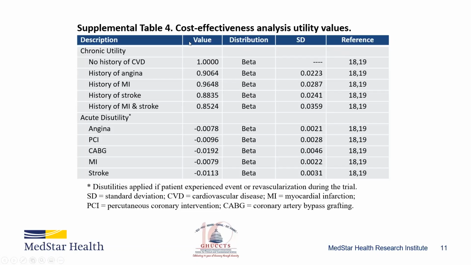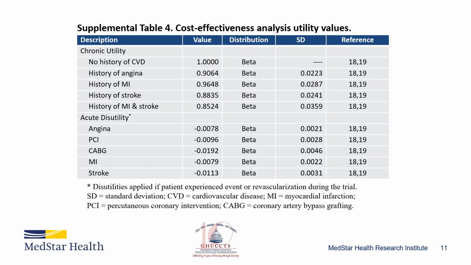And so again, from a recent study that we're working on, we have utilities for different cardiovascular events, whether they have a history of them. If a patient has no history of a cardiovascular event, then their utility is 1. So in one sense, everyone starts out with a value of 1.